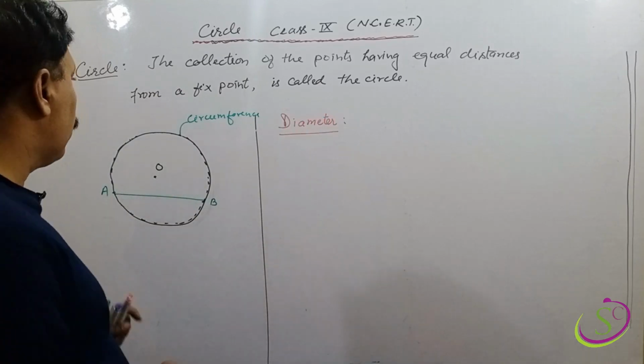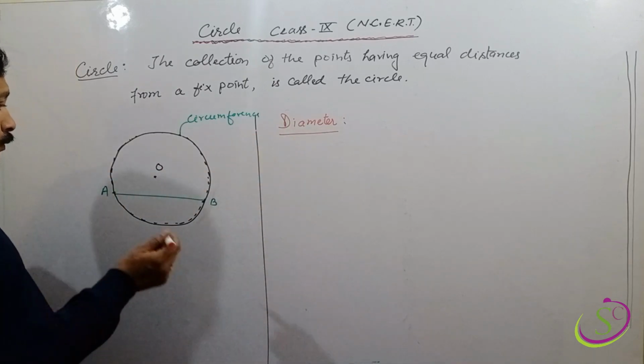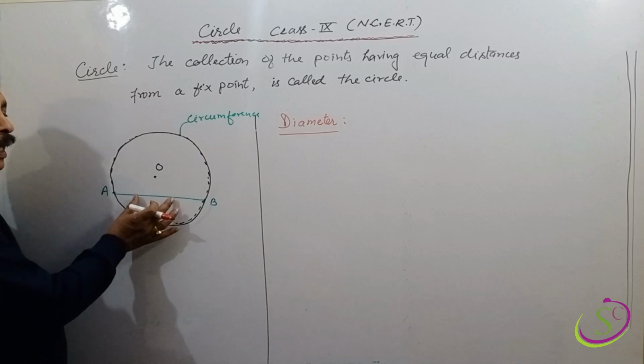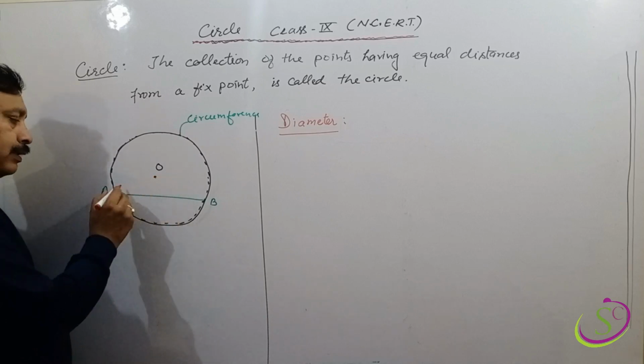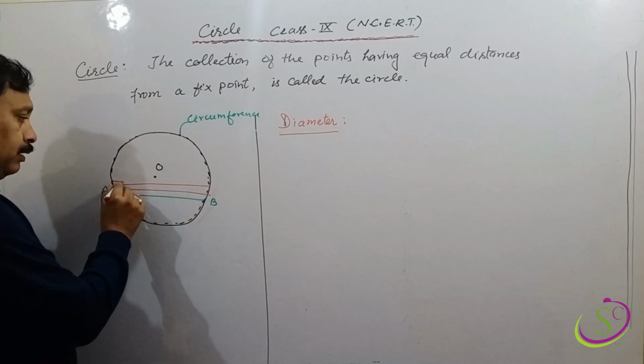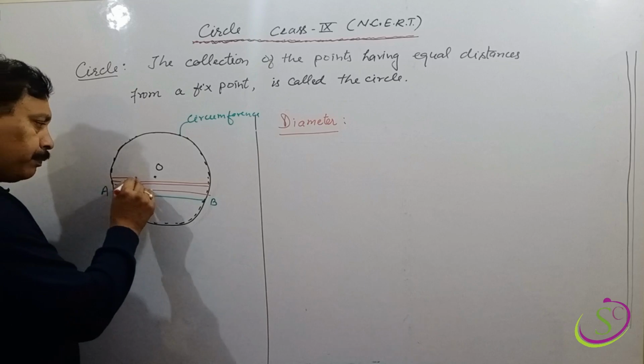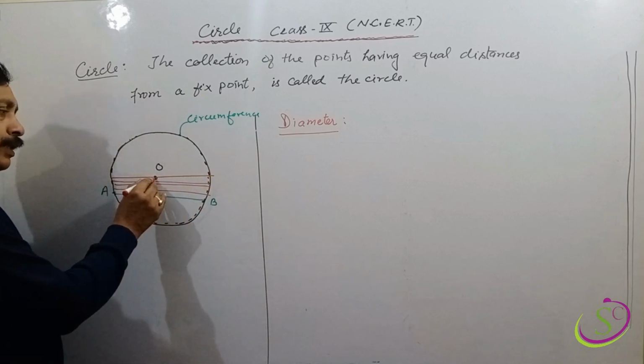Yes dear. Now the new term is diameter. See, when this chord moving upside and towards the center like this, like this, like this, one situation is that the chord will pass through the center of this circle.